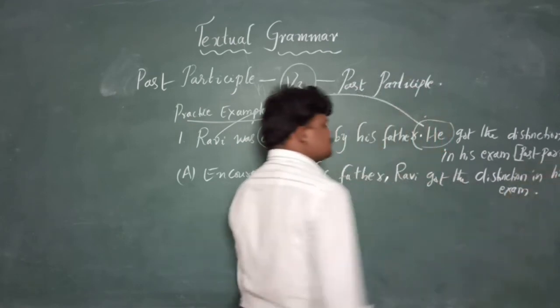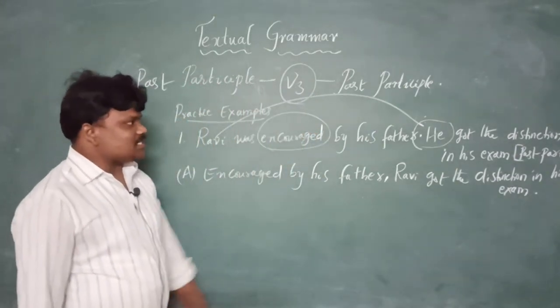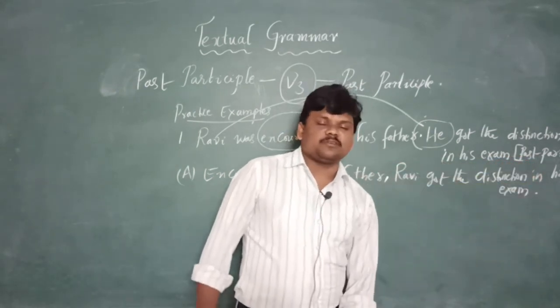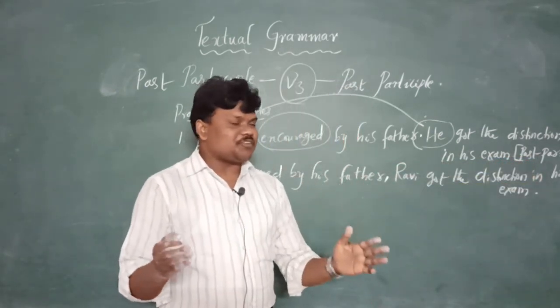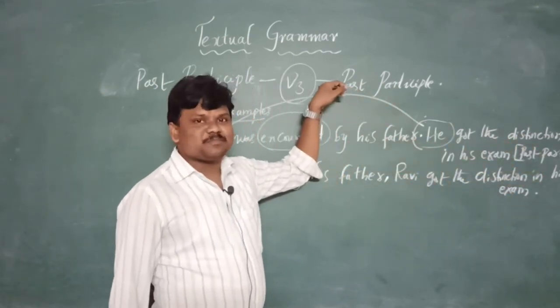Full stop. Very simple. No ing, because the instruction was not to combine with a present participle. The instruction was given with past participle, and as you all know, V3 is known as past participle.